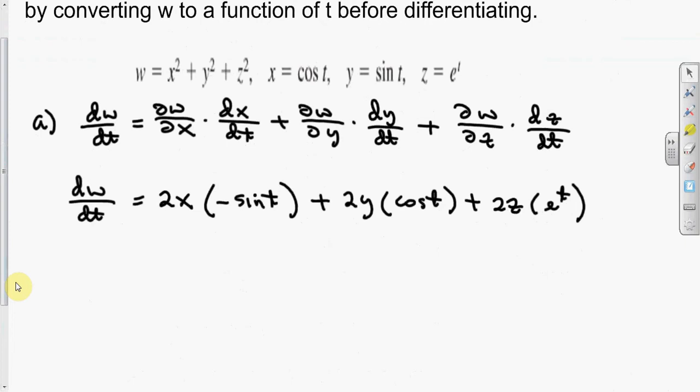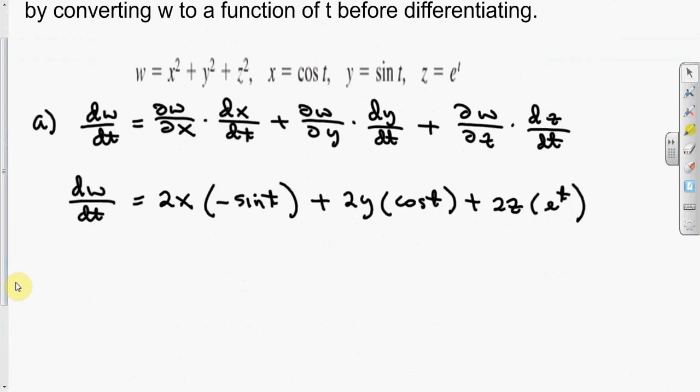But we can write it with respect to t so that we don't have any more x, y's, and z's in this function. All we want to see is just functions of t, excuse me. How to get rid of the x, the y, the z? Substitute, exactly. Direct substitution.